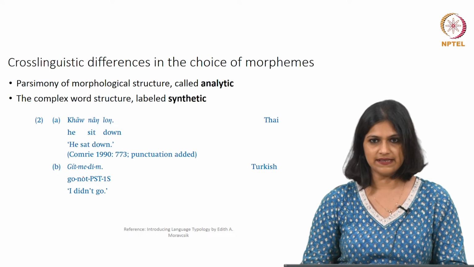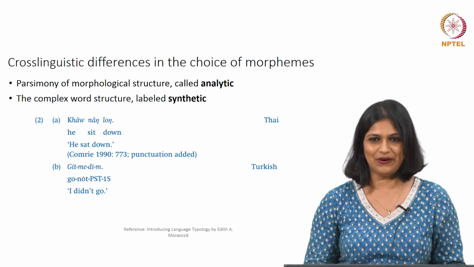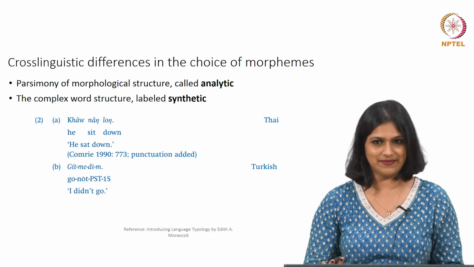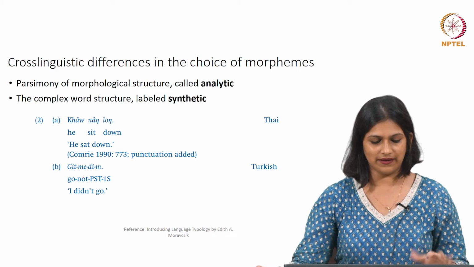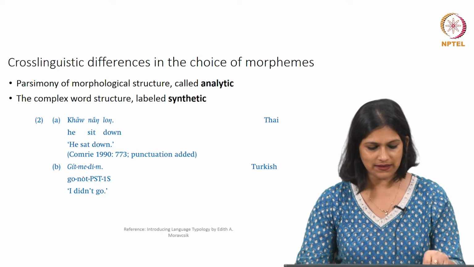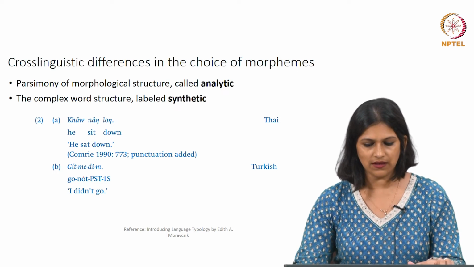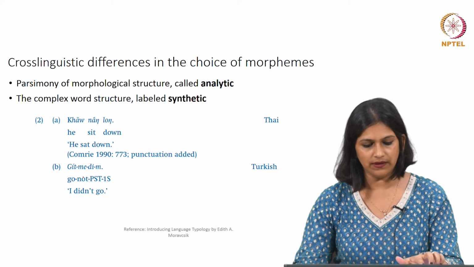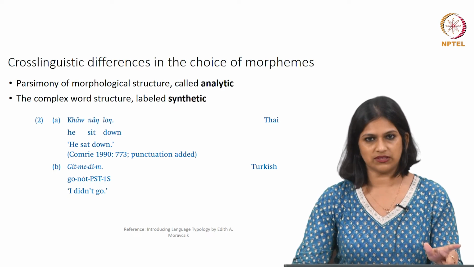I would apologize for my pronunciation if there has been any problem, because I am not a speaker of either Thai or Turkish, but I will just refer to the data given over here. So, that is the reason we see a difference, one word with many informations. On the other hand, in the Thai example, each word carries only one piece of information.